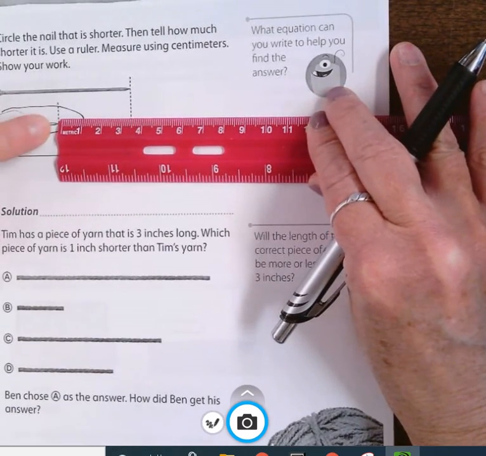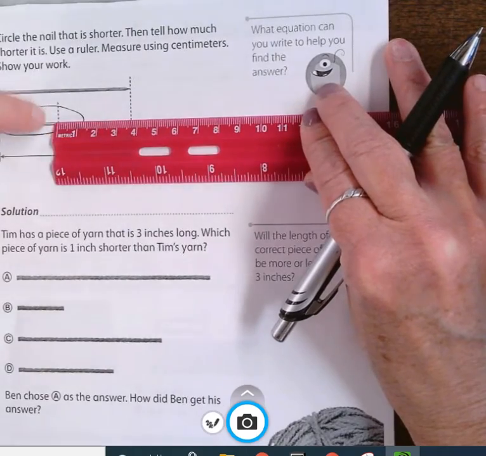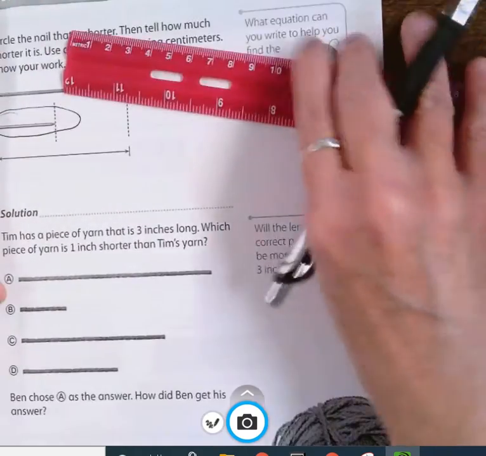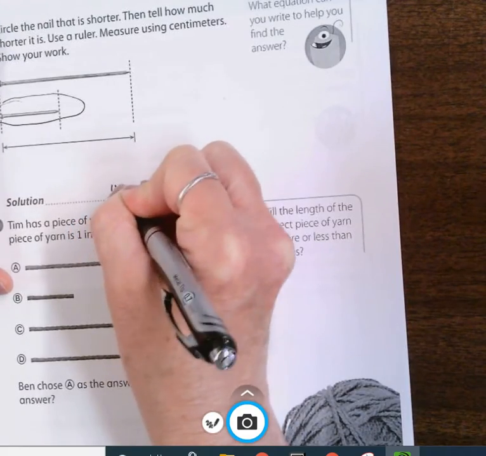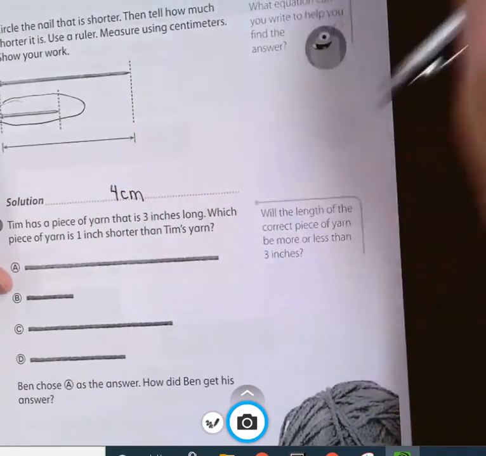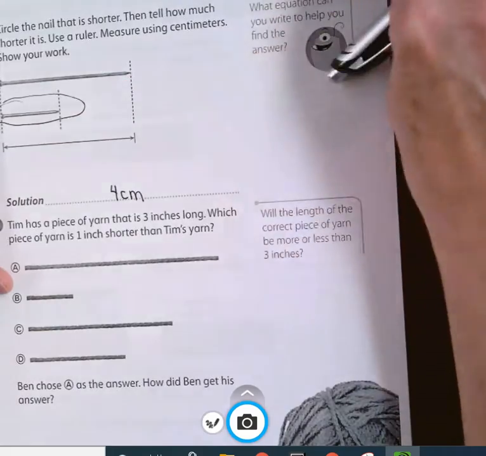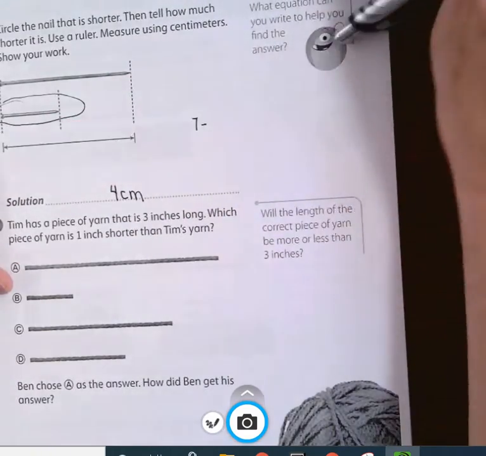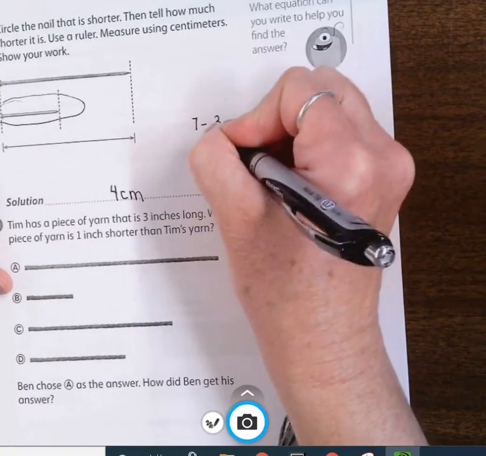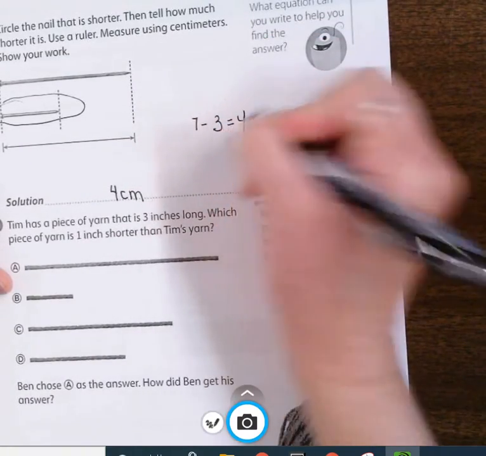Because we lined the 0 up to the shorter one and then see the difference. So 1, 2, 3, 4. So it'd be 4 centimeters. The other way that you can do it is to measure the length of the long one, which is 7 centimeters, and minus the shorter one, which is 3. And you get the same answer.